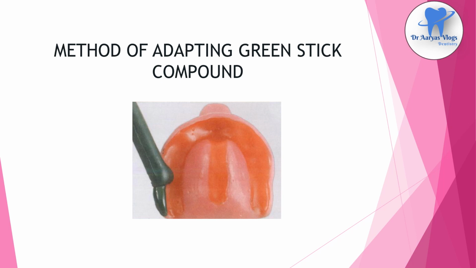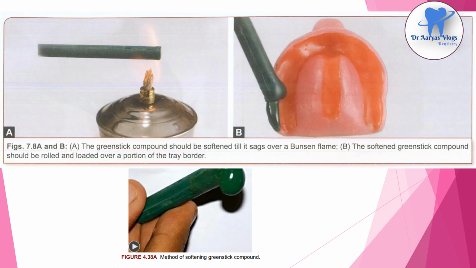Coming to the method of adapting green stick compound. An appropriate length of the stick corresponding to the length of the section to be molded is softened over a flame till it begins to droop. The green stick compound is softened over the flame and added along the portion of the tray where the border is intended to be refined.